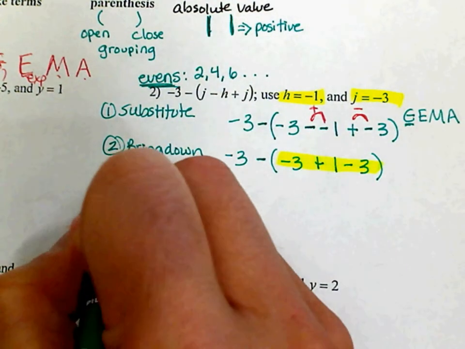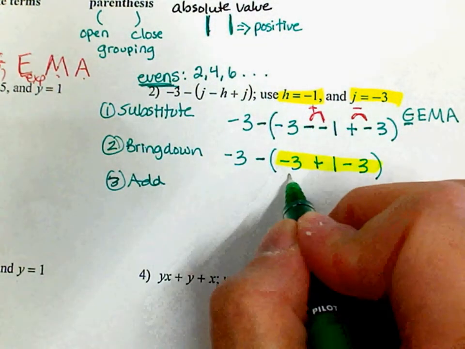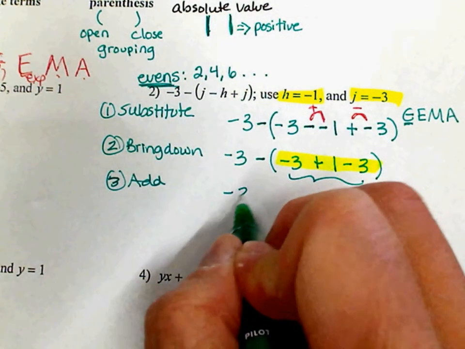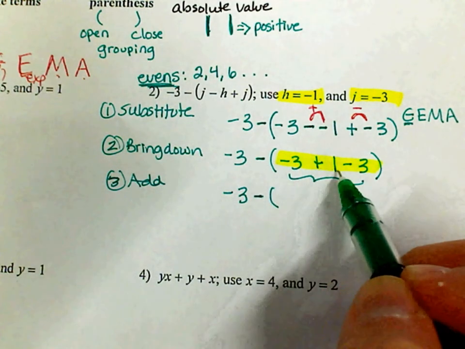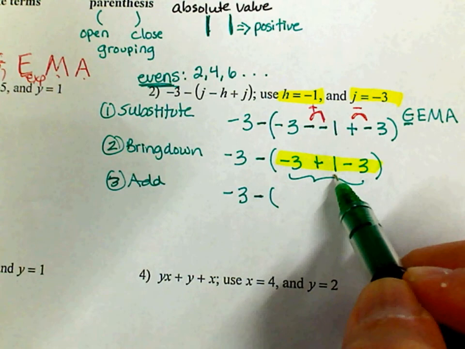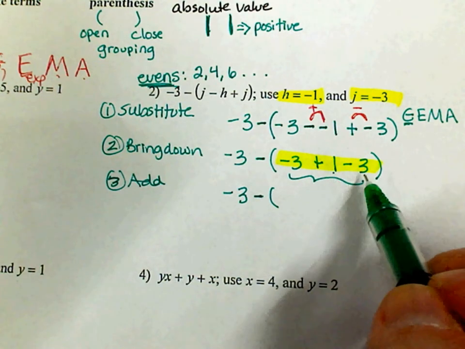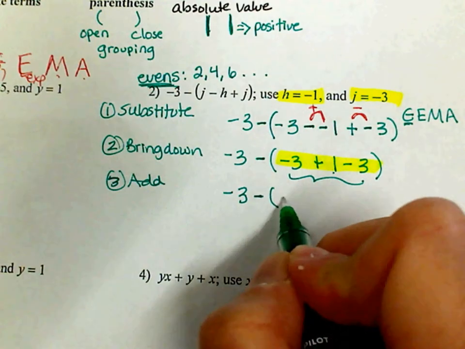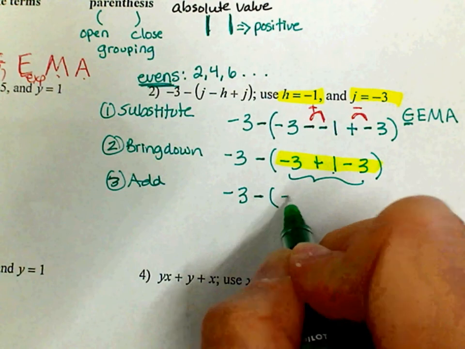Okay? So we're going to add and subtract. So we're going to do this one first. So bring down -3 minus. What is -3 plus 1? -2. What is -2 minus 3? -5. Very good. Just like that.